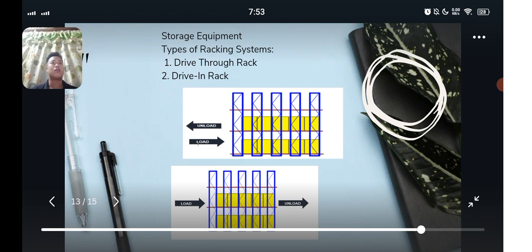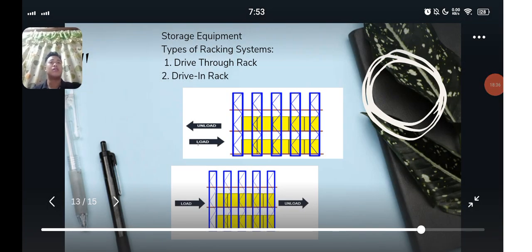A drive-in rack naman is the sort of storage intended for last in, first out inventory, loading and unloading from the same side, which is called LIFO. Inventory retrieval is organized according to last in, first out principles. So that's all for storage equipment, types of racking systems.